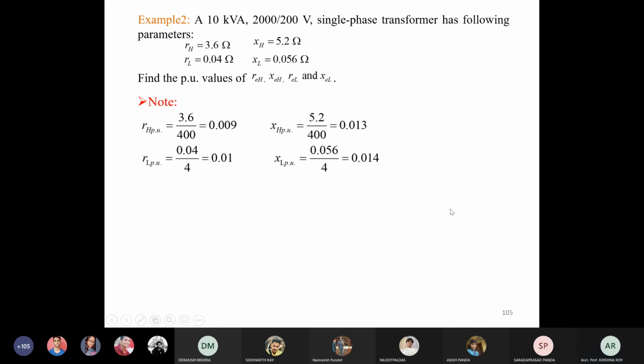Now note this thing. REH per unit is equal to REL per unit, that is equal to RH per unit plus RL per unit. That means you have to add these two to get total equivalent resistance referred to either side, either high voltage side or low voltage side. Both these per unit values are equal.